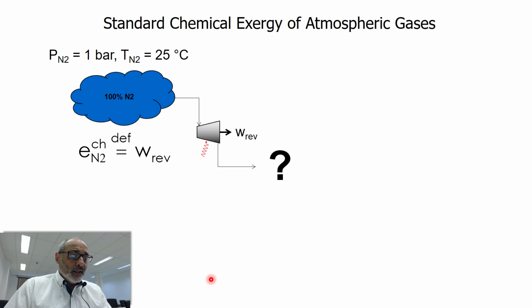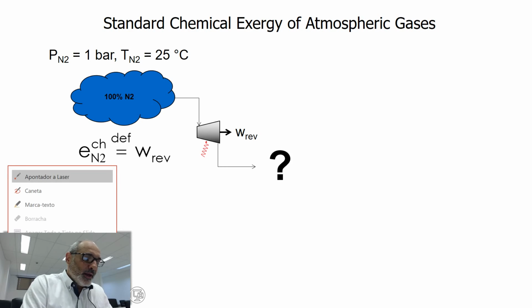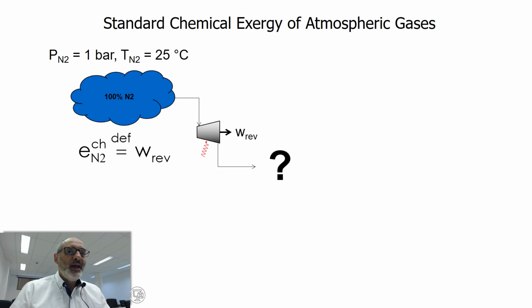Okay, and well, there are two aspects here. You may have chemical reactions or not, and you may have different compositions compared with your reference environment. So let's analyze these two aspects separately.